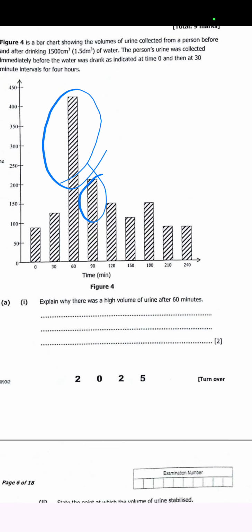So why did we record the highest volume of urine after 60 minutes? We know that when someone takes water, the water level is regulated by the process called osmoregulation. So what happens if someone takes a lot of water?